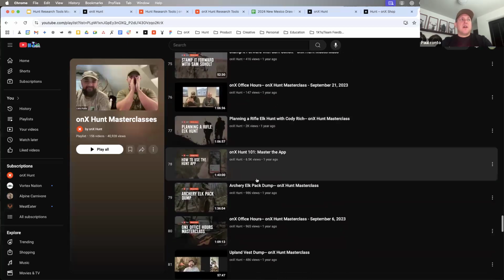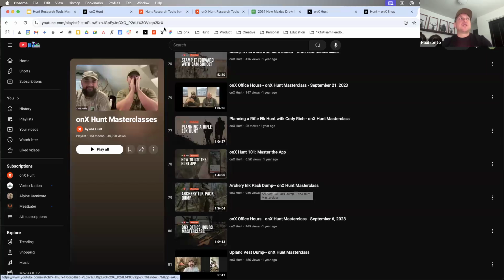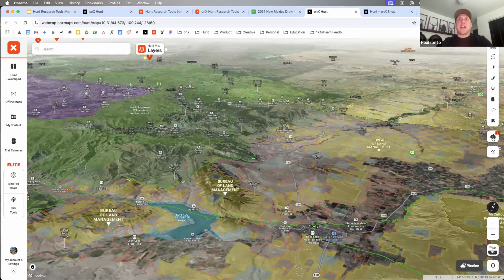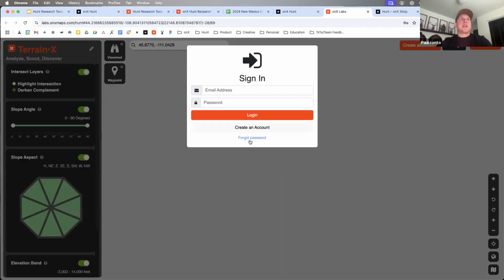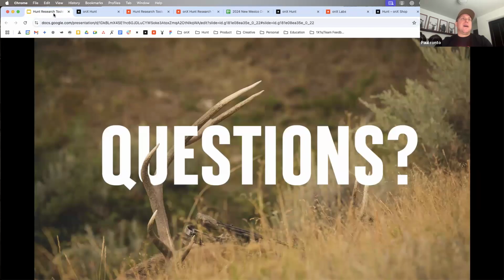So there's a ton of these, and I know there's ones in here on how to find elk where they live. There's how to use features in web map like TerrainX. If you guys haven't used TerrainX, that's this feature here where you can actually go in and look at slope, aspect, and all sorts of interesting things. So there's all sorts of resources.